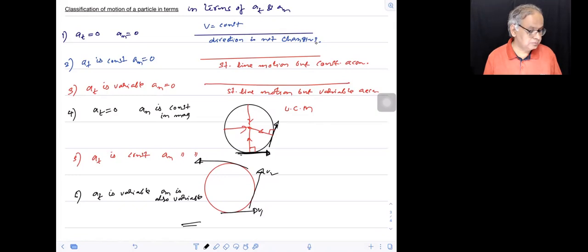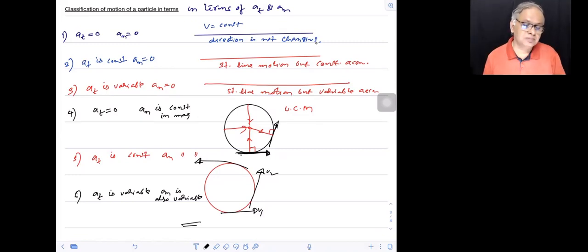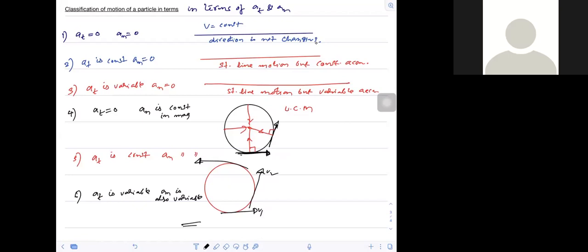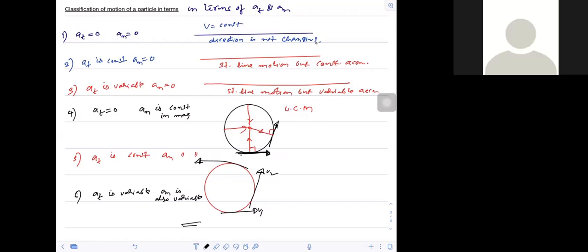Tell me, children. Sir, in a non-uniform circular motion, AN is constant or variable? Tell me again. In a non-uniform circular motion, sorry, that's not correct.